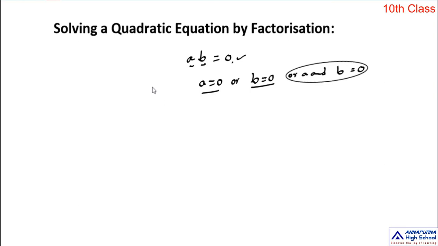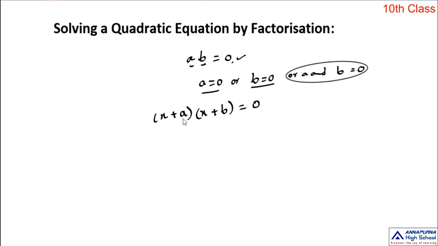For example, when I factorize one quadratic polynomial, I get the linear factors as x plus a and x plus b, and since we have an equation, their product is equal to 0. That means the product of these two linear factors is equal to 0. That means out of the two linear factors, if any factor's value is equal to 0, then the product is 0.